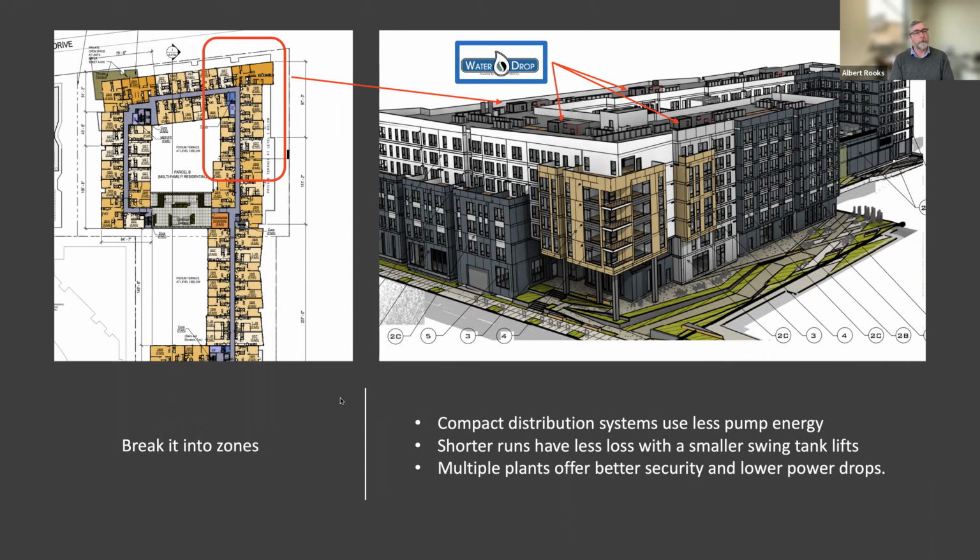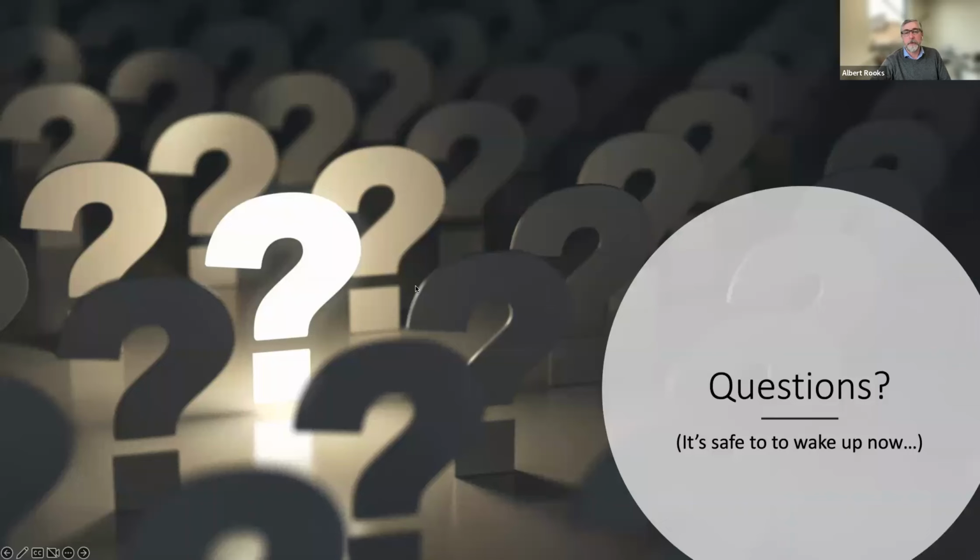We don't have to work with those super big pipe diameters and higher pressures, and there's a lot of things when you downsize and right size. So a lot of different ways to approach this. So there ends the slide deck.